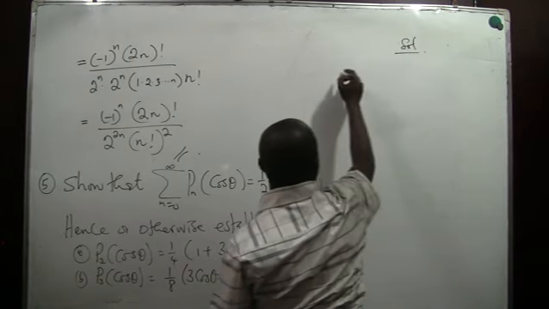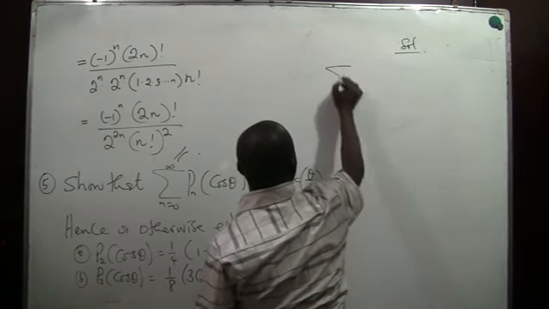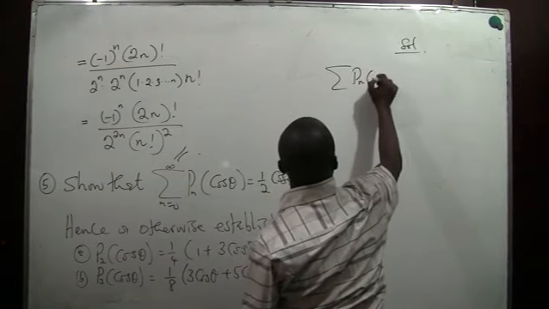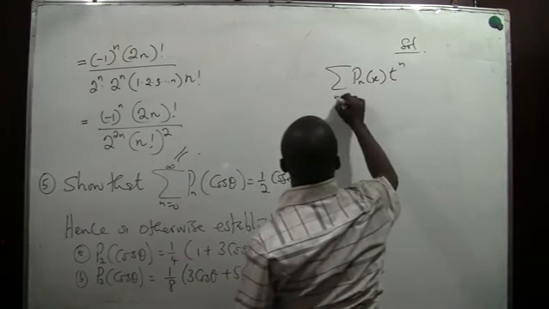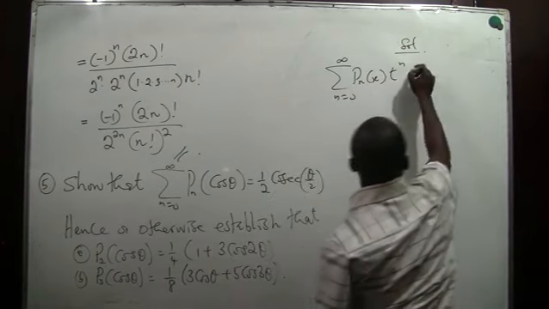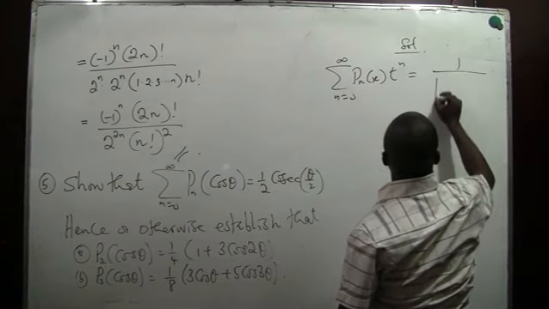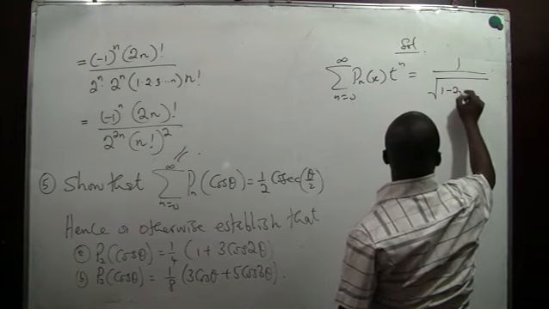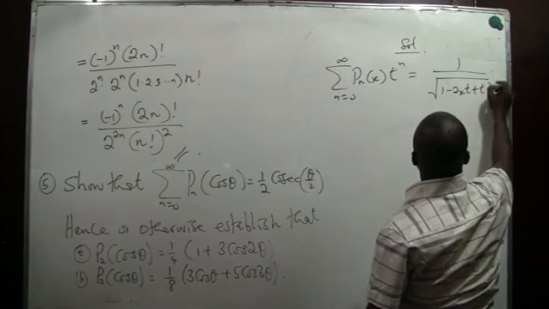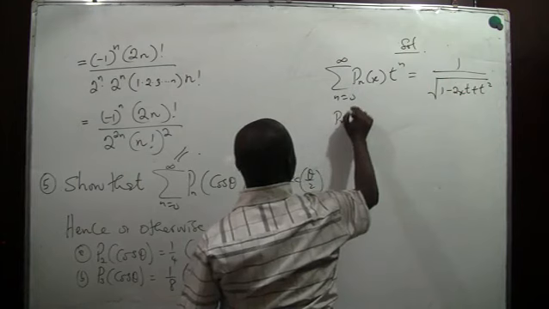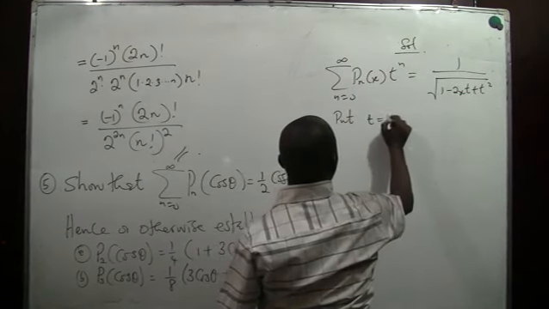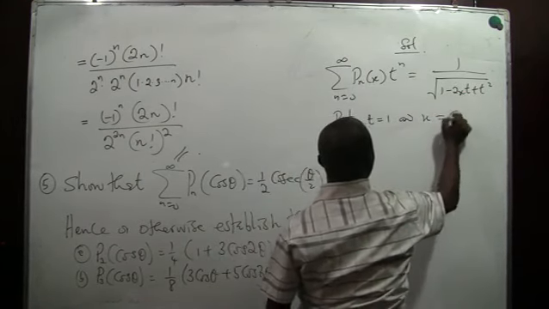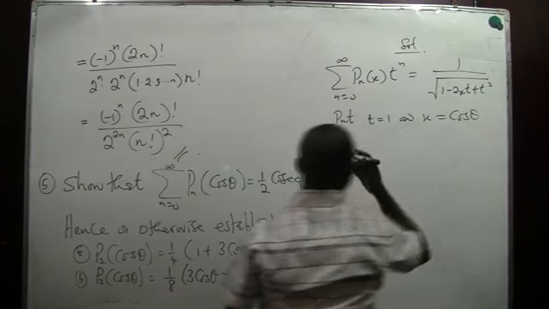Solution. Summation Pn of x t raised to n, from 0 to infinity, is the same thing as 1 divided by the square root of 1 minus 2xt plus t squared. Now put t equals 1 and x equals cos theta.